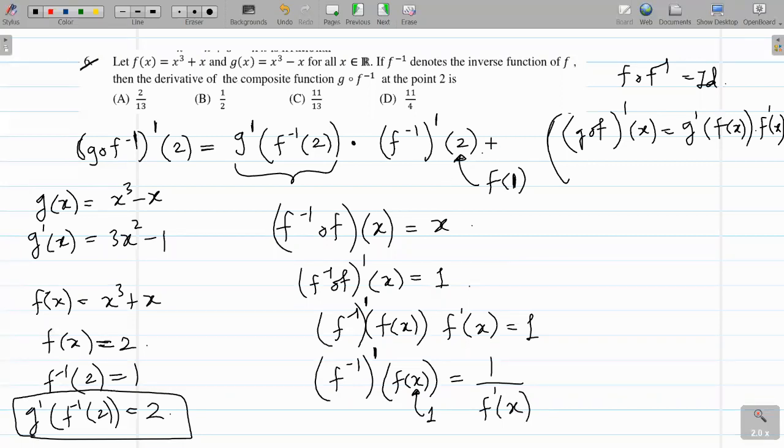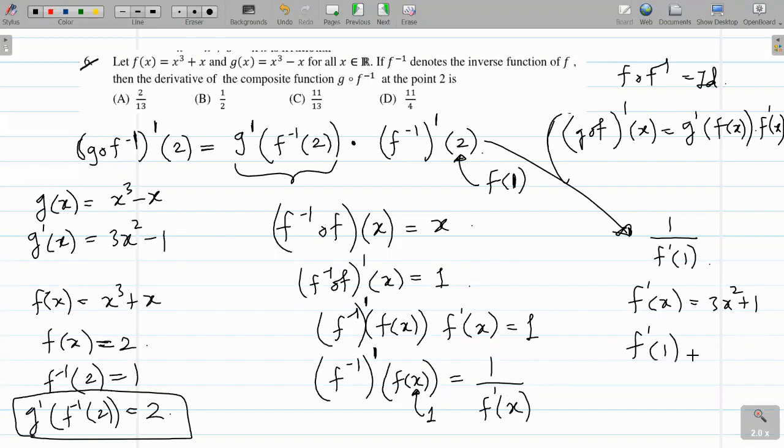So this is simply equal to 1 upon f dash of 1. Now can you get f dash 1? F dash x is 3x square plus 1. So f dash 1 is 4.